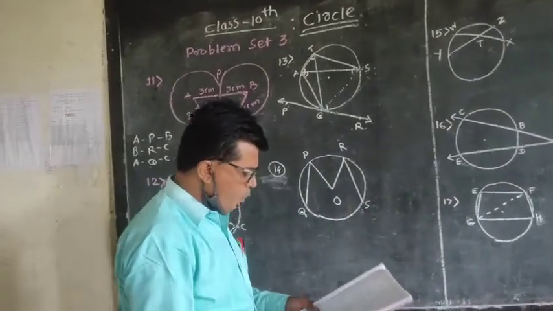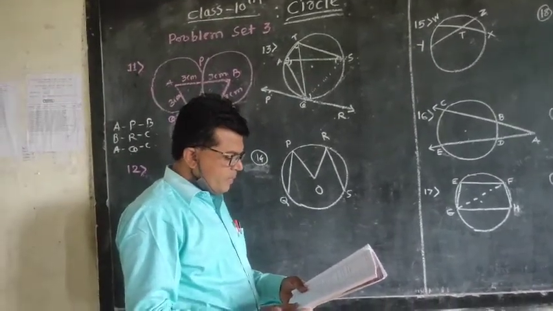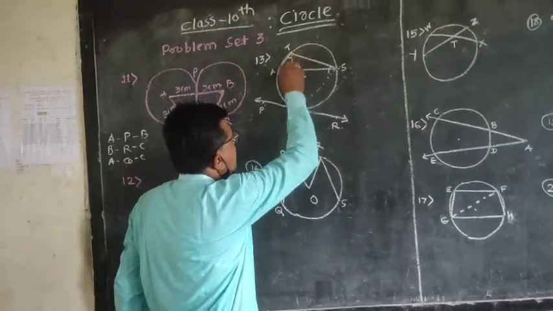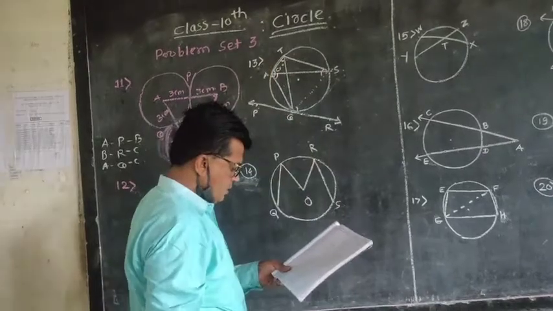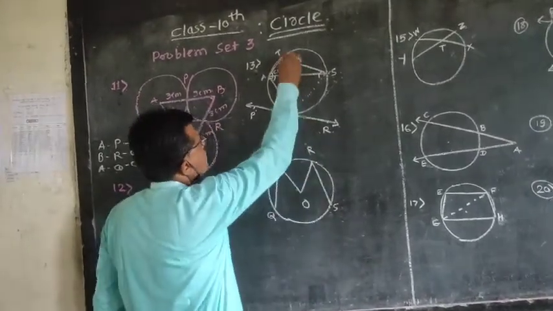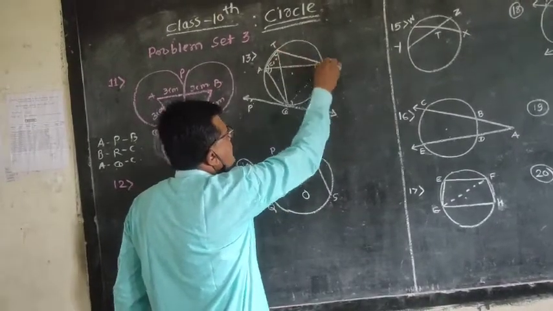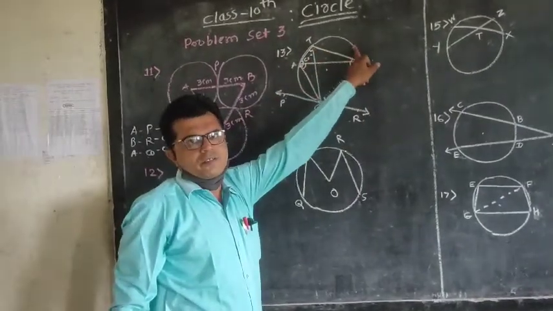Then the fourth question: angle TAS is equal to 65 degrees. Find the measure of angle TQS. Angles TAS and TQS are inscribed in the same arc TS.